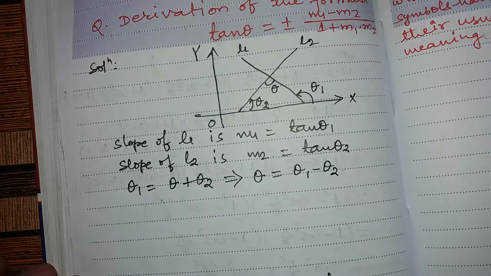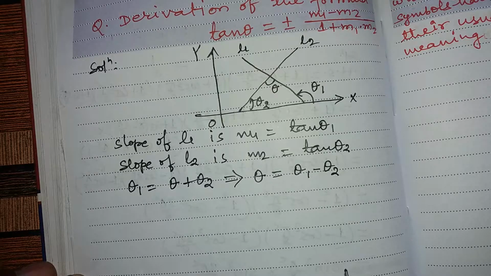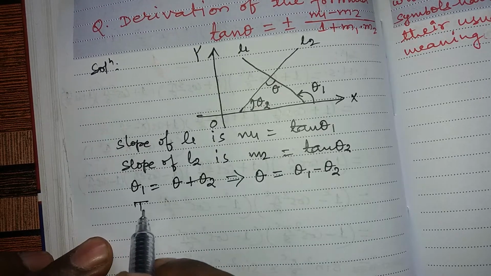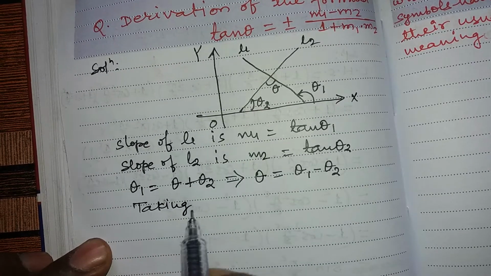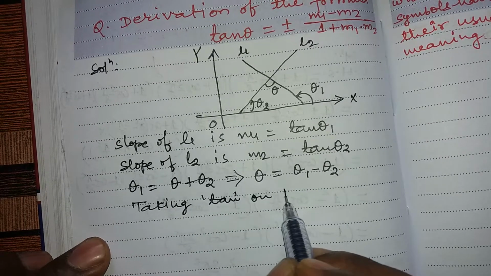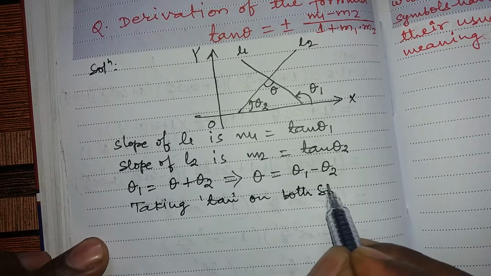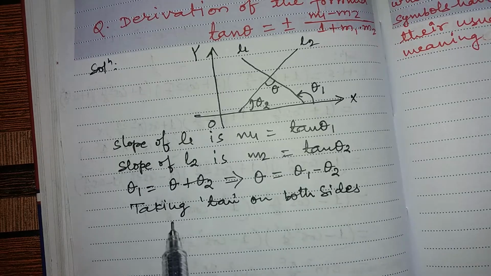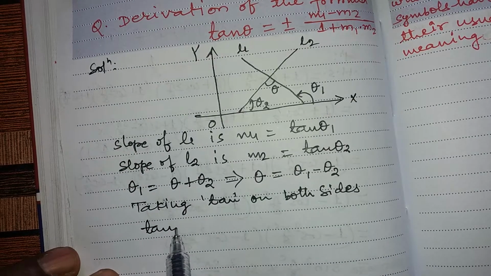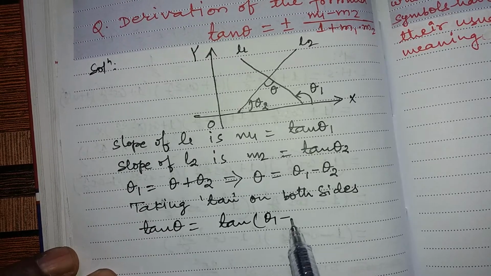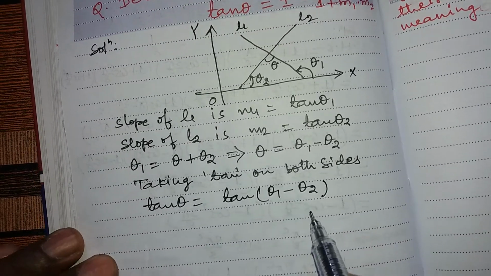Taking tan on both sides, we get tan theta equals tan of (theta 1 minus theta 2).